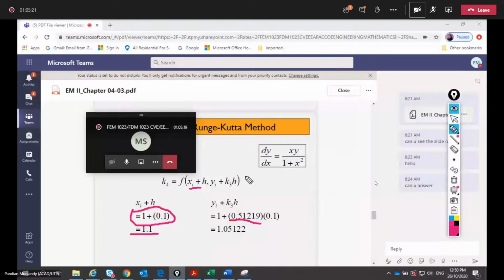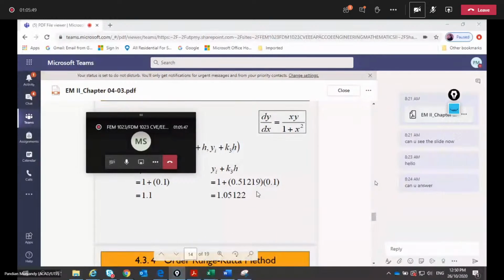From the previous slide, you already obtained k3 and h is 0.1. Now you take your calculator and calculate the whole thing. You should be able to get 1.05122. So this is yi plus k3h, 1.05122. And now we want to calculate K4.